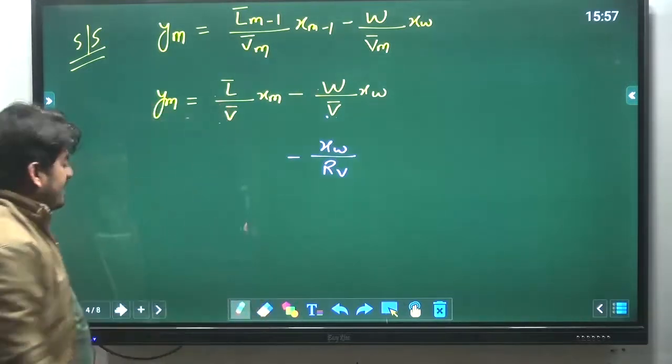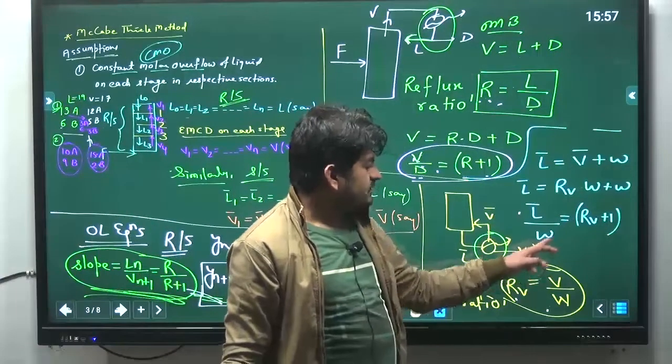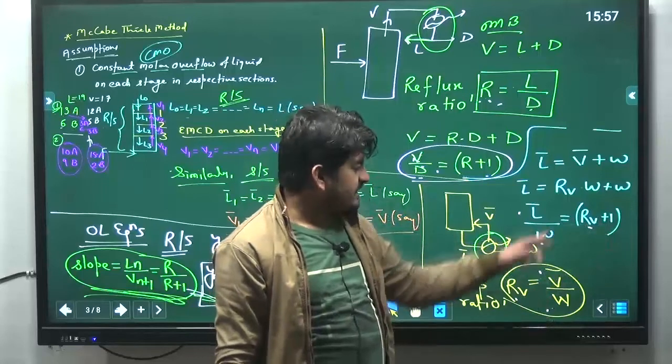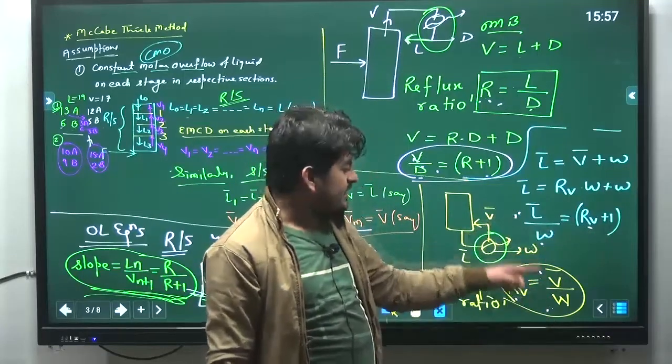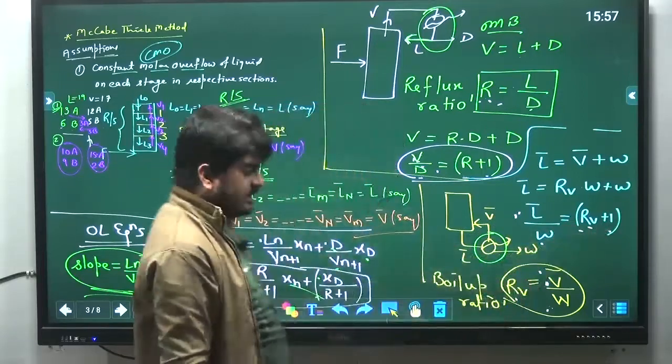L bar upon V bar: you can see L bar upon W is RV plus 1, V bar upon W is RV, take the ratio, so you will get L bar upon V bar equal to RV plus 1 upon RV.